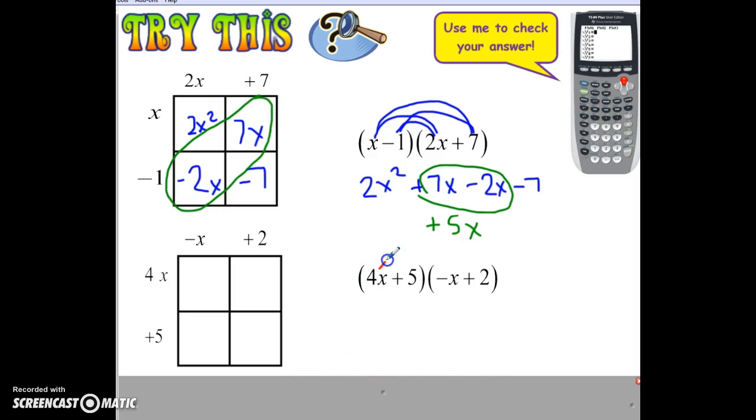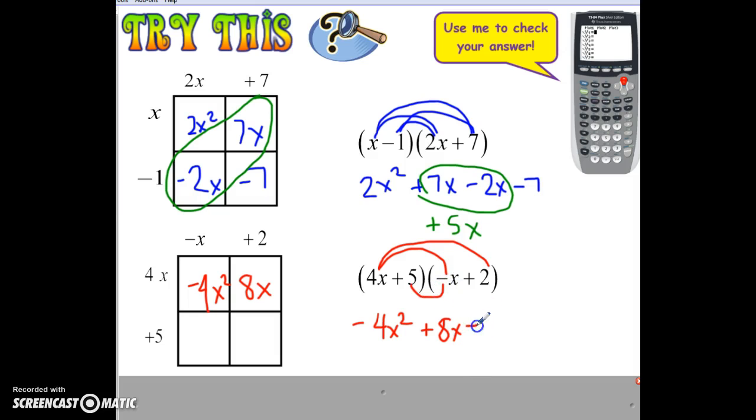Another example, first term, negative 4x squared. That would be this first box. O for FOIL is outside, so 4x times 2 plus 8x. That would be this box.